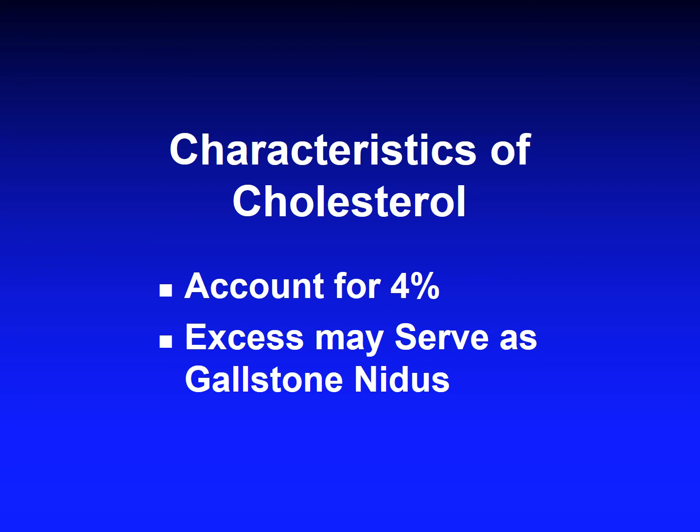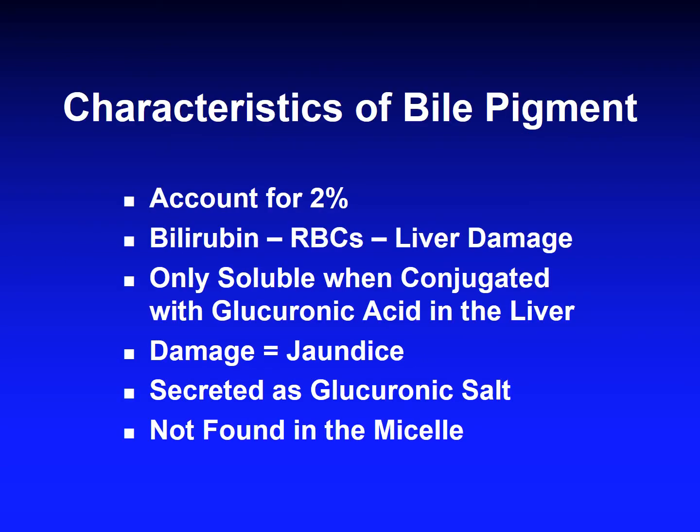Now, the last component of the organic part of the biliary secretions, or bile, is the bile pigments. Bile pigment accounts for about 2%, and it comes from the old RBCs when they are destroyed in the liver, or during liver damage in a disease.